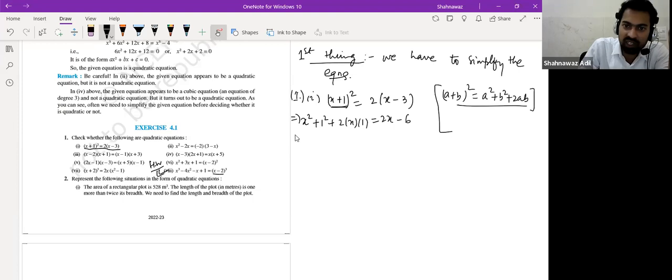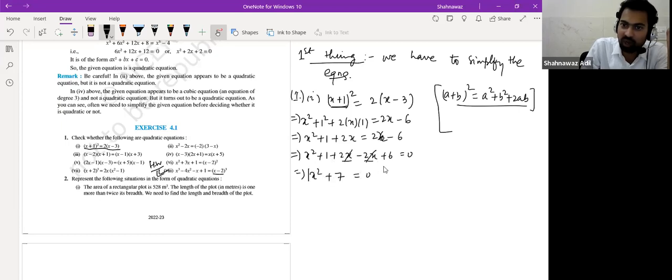So now we will again simplify. So this would be x square plus 1 plus 2x is equal to 2x minus 6, right? So we will take all these to the left hand side. So this would be how much? 2x minus 2x will get cancelled out. So this would be x square plus 1 plus 6, which is x square plus 7.